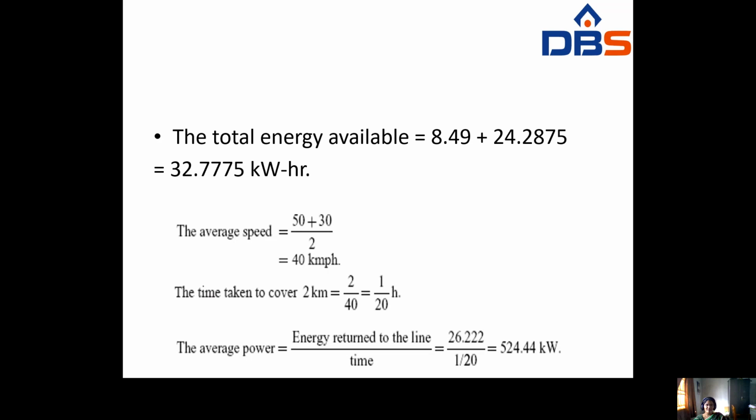So the average power. What is the average power? The energy returned to the line divided by time. What is the energy returned to the line? 26.22 divided by 1 by 20.